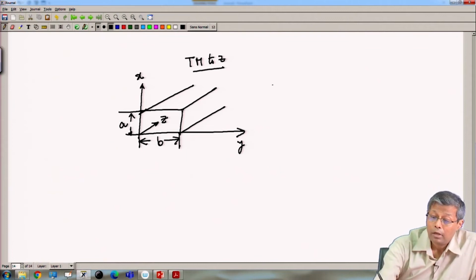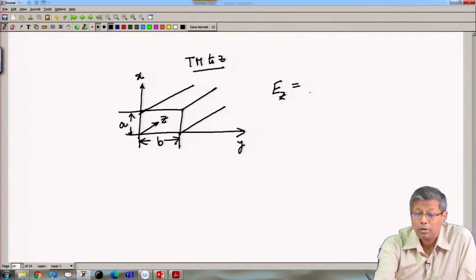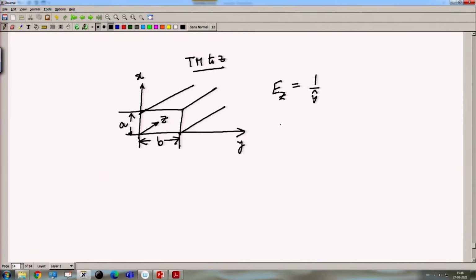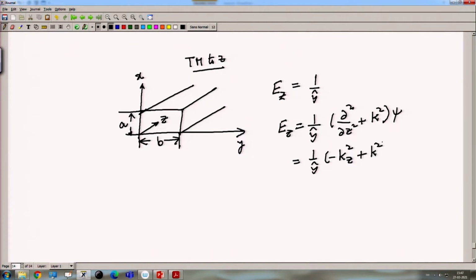If I write down the expression for the electric field for the TM to z mode, it will be Ez equal to 1 by y cap times del square plus del z square plus k square psi, and that is equal to 1 by y cap times minus k z square plus k square psi.